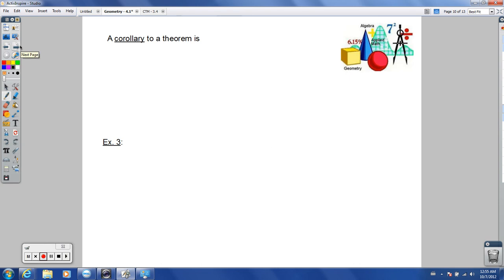And then one last page here. A corollary to a theorem is, and let's finish this thought out, a statement that can be easily proved using the theorem.